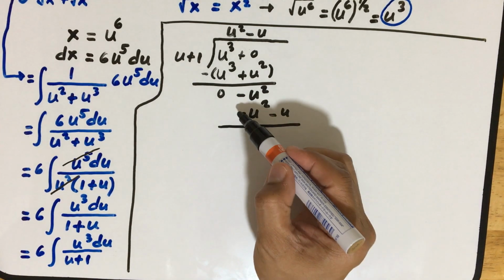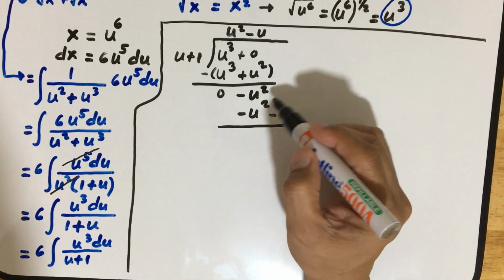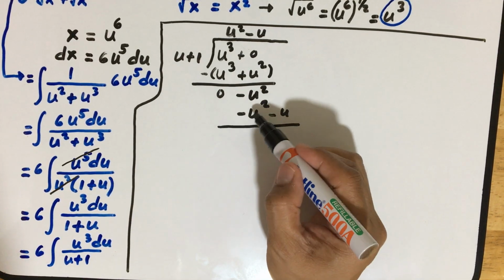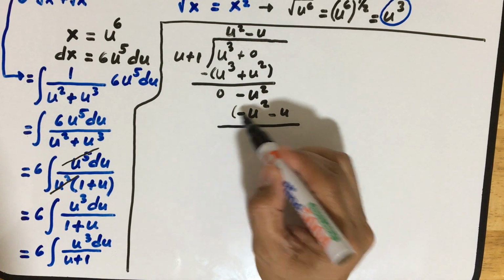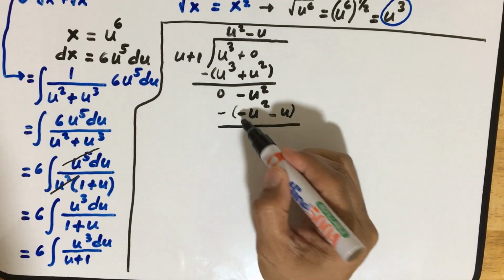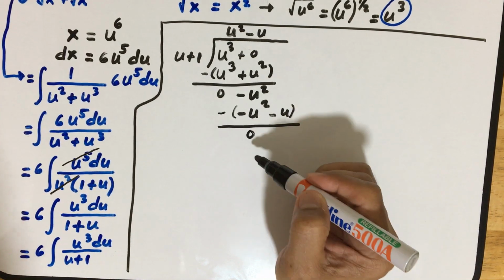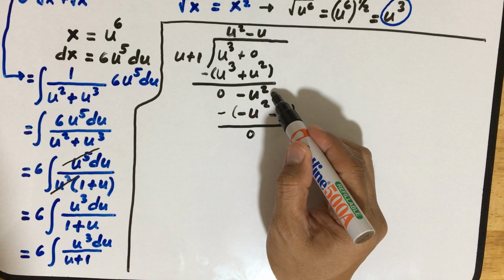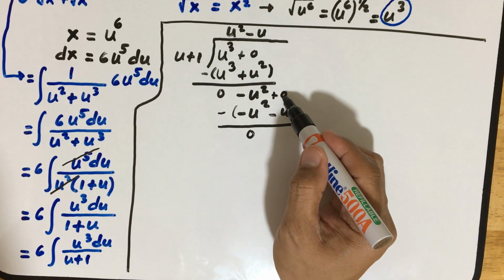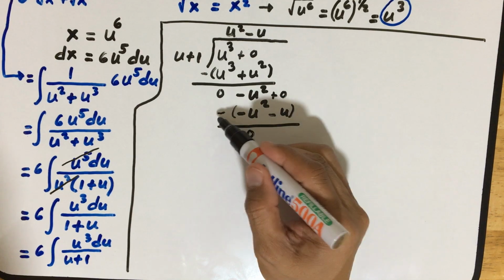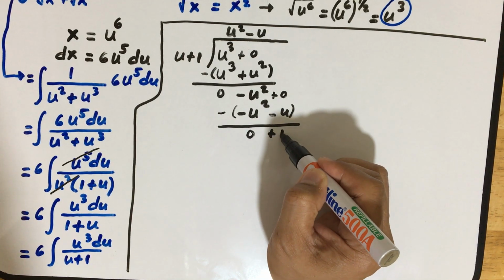When you subtract, you change the sign, then you add. So u squared minus u squared becomes 0, and negative u minus positive u gives minus minus, so this is plus u. Wait, in the process, the remainder becomes positive u.